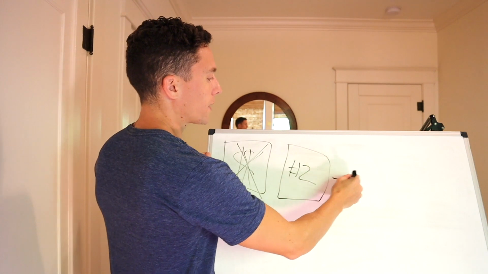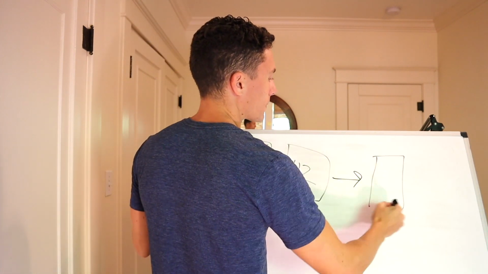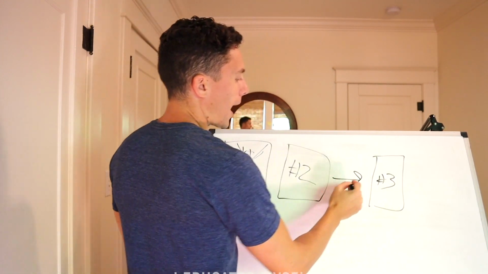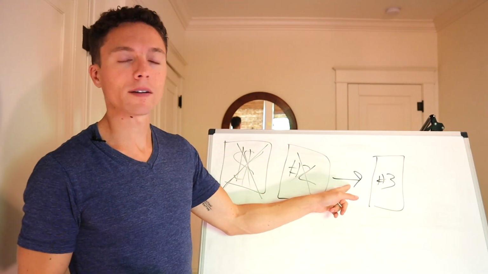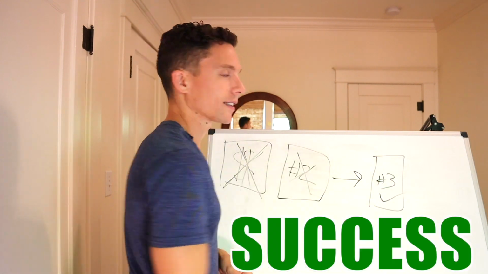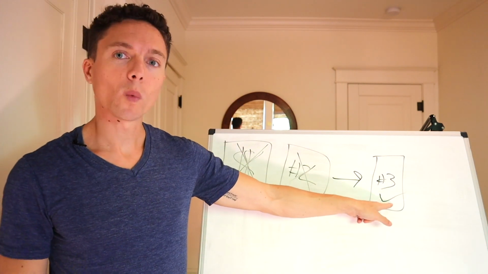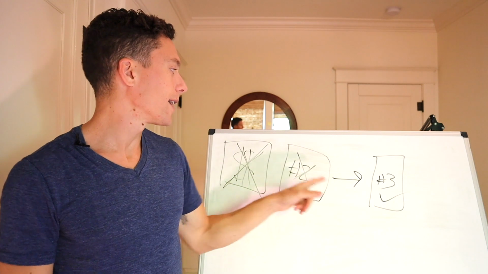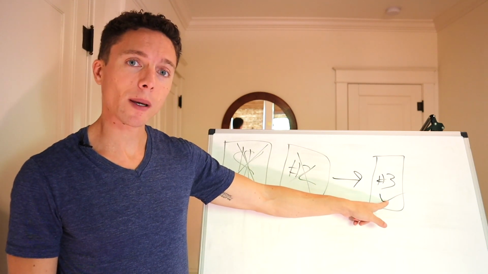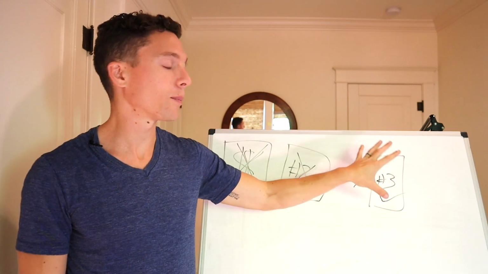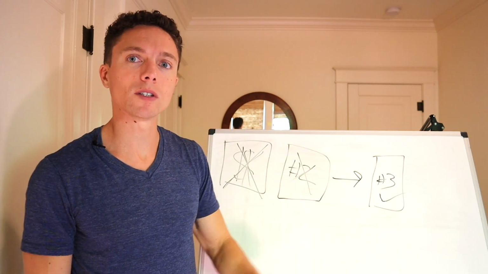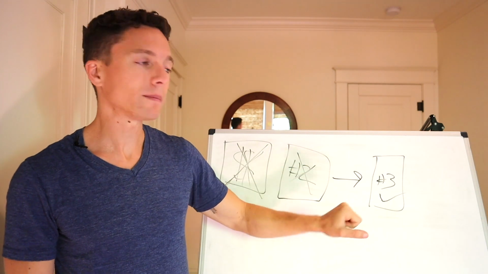So between this one and the next one, number 3, I educated myself. And because I educated myself, my third account was a success. That one was a successful stealth account. It actually did get suspended right away, but I was able to get that suspension lifted. That's a pretty normal thing that happens to new eBay accounts, so that was fine.